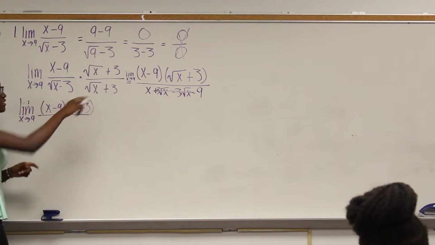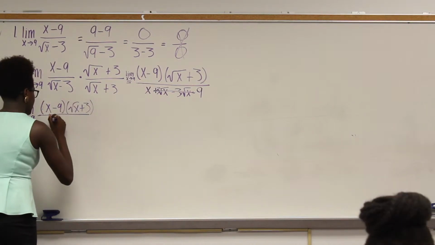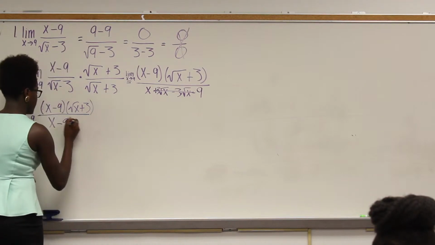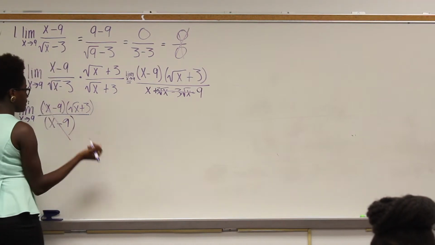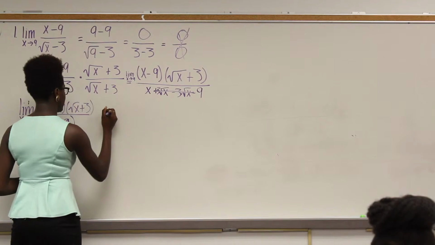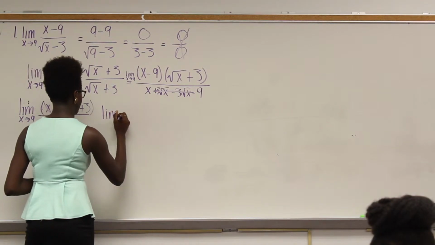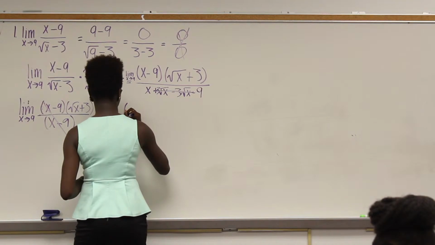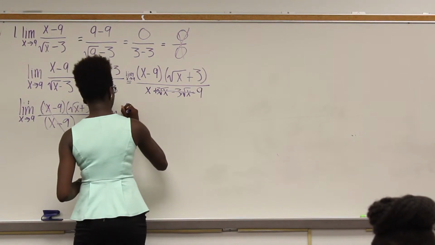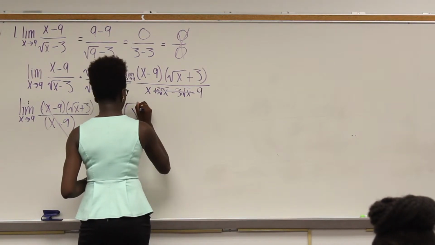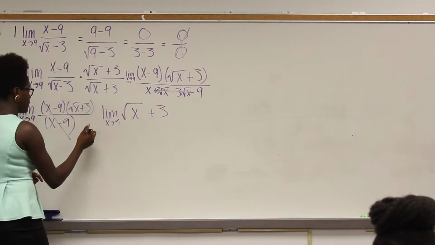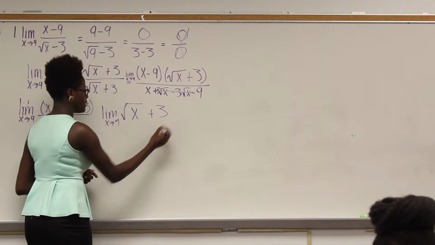because nothing has changed in your numerator, and then in your denominator you just have x minus 9. And because these are the same, you can cancel it, which leaves you with, because this just leaves you with a 1 in the denominator, and you don't need that.